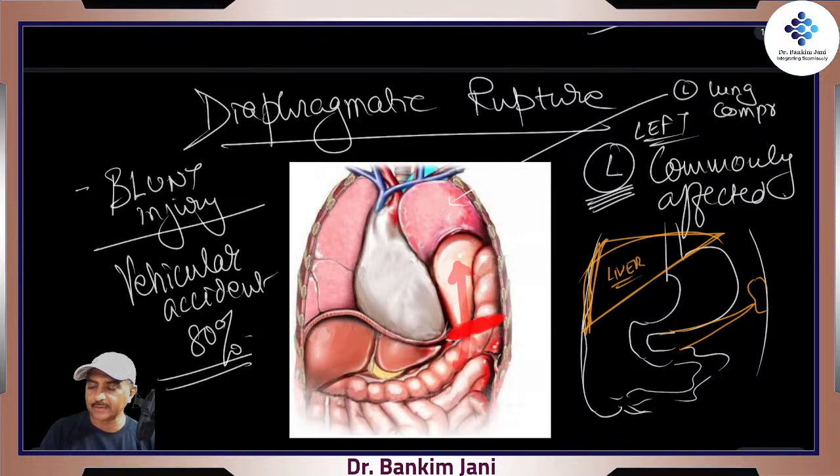It can lead to pneumothorax also, because when the diaphragm is broken, obviously the pleural cavity would be affected, leading to pneumothorax and thus worsening the condition. So that's the diaphragmatic rupture.